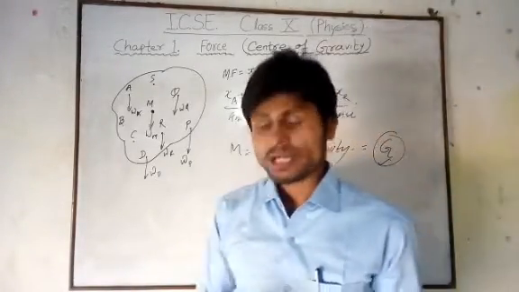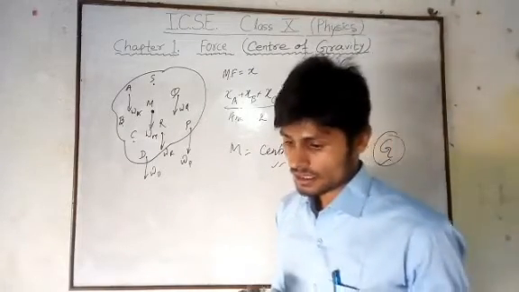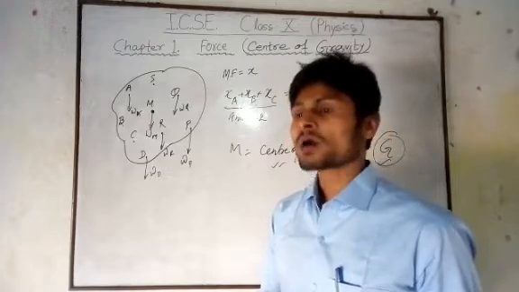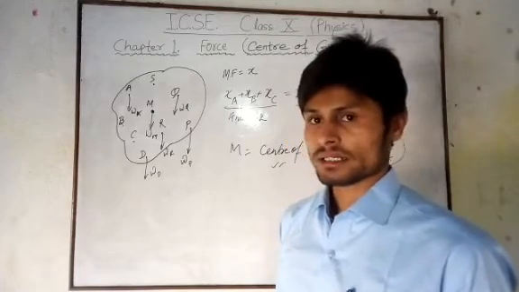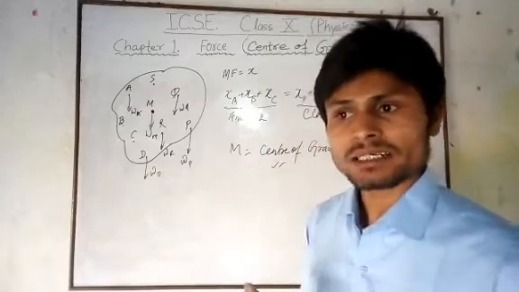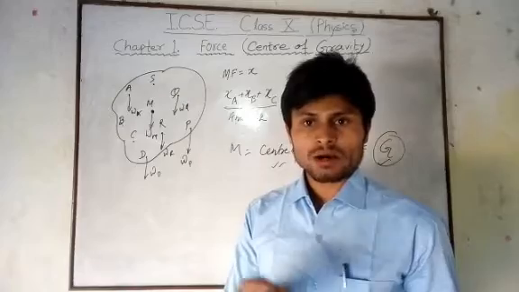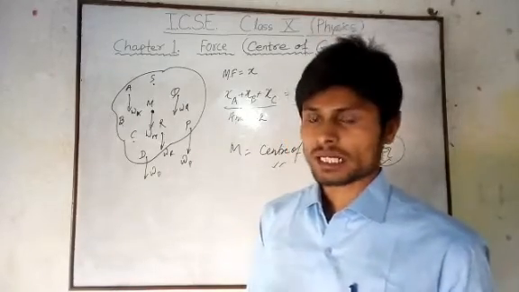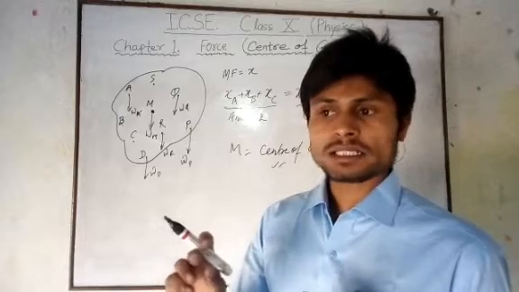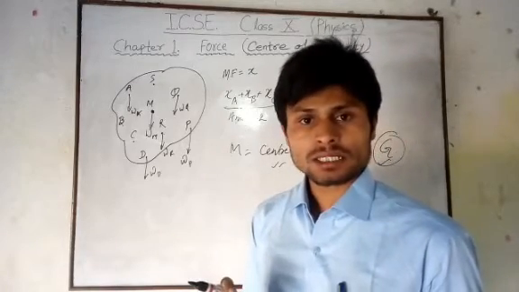So if we change the shape of the body, it changes the position of the center of gravity. Now the second point about the center of gravity is that it may or may not be inside the body. It means the point which represents the center of gravity may be inside the material of the body or outside of it. Like if you consider a wire in the shape of a cylinder, then the wire has its own center of gravity.